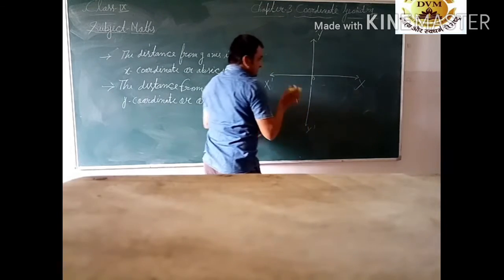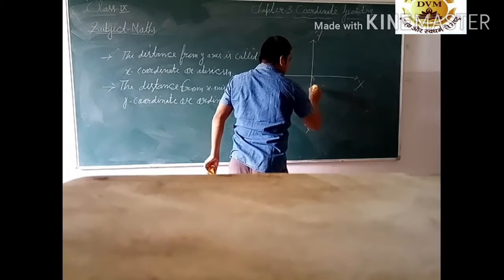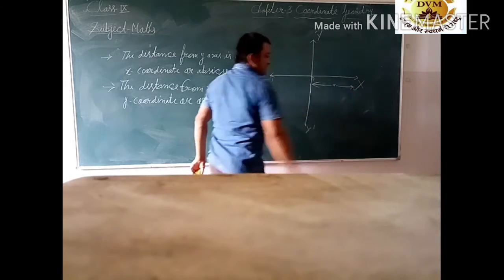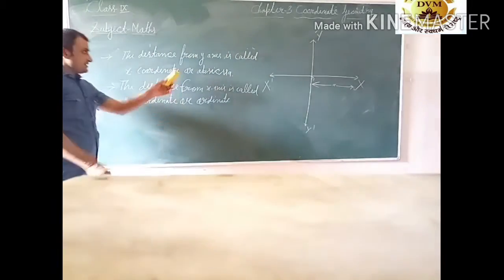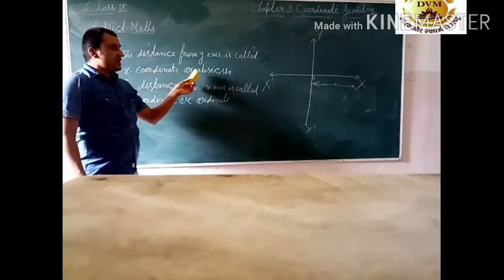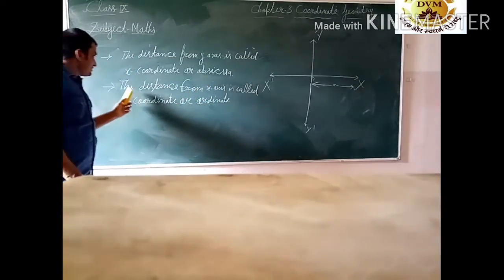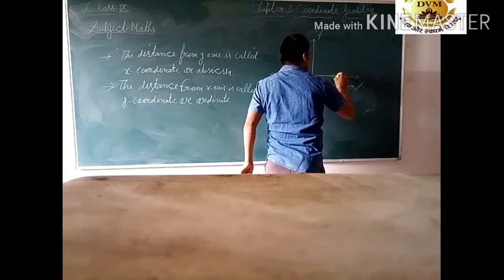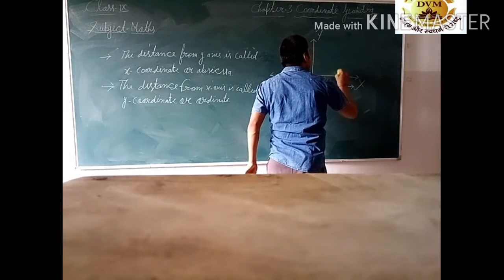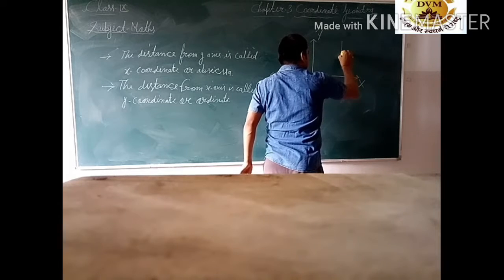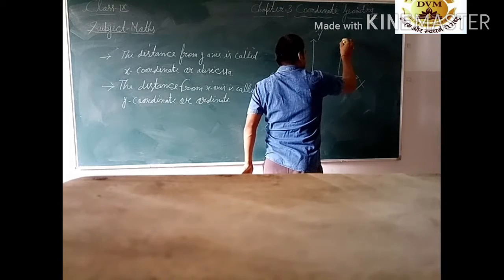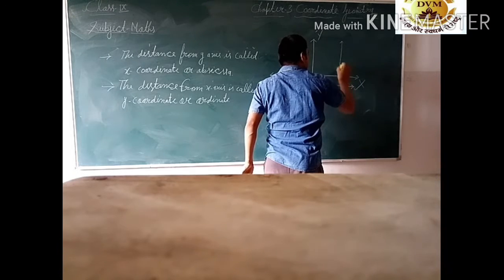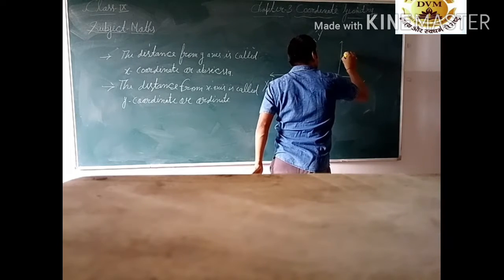Suppose the distance from the y-axis is a. It is called the x coordinate or abscissa. Okay? Or the distance from the x-axis is b.